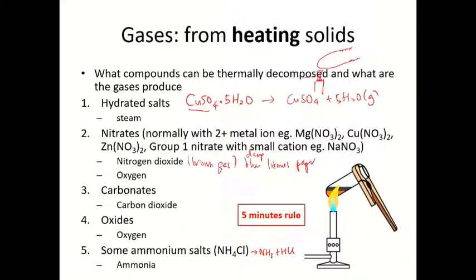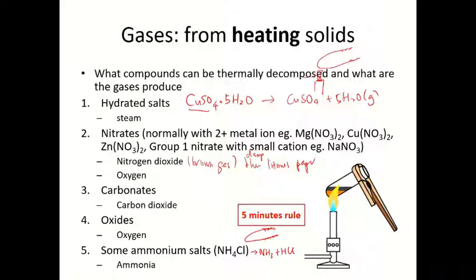So if you are asked to heat a white solid, and while you heat, you see white solid forming near the upper part of this test tube, it's very highly likely that this is ammonium chloride, because these two gases will combine, they react with each other and reform ammonium chloride, the white solid.